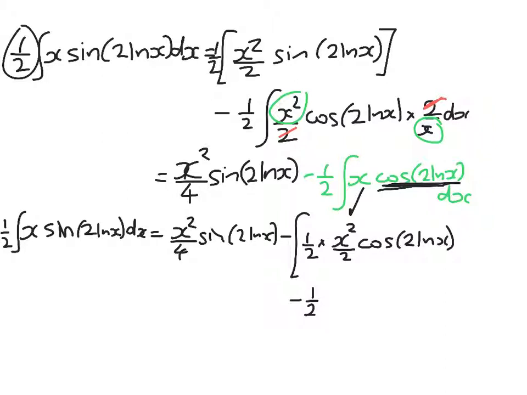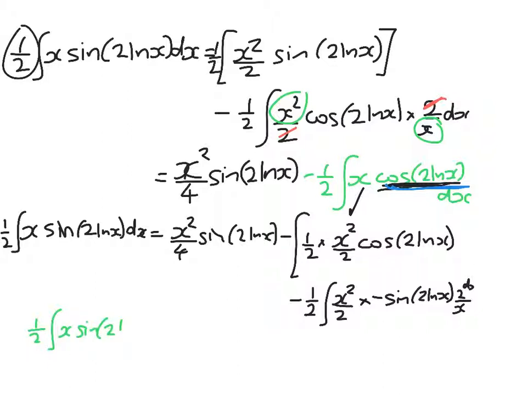Minus 1/2 times the integral of x squared on 2, and this time I'm differentiating this function here, and that's going to give me negative sine 2 ln x times 2 over x dx. So where that gets me to is a very happy place. We've got 1/2 of this again. So we've got x squared on 4.